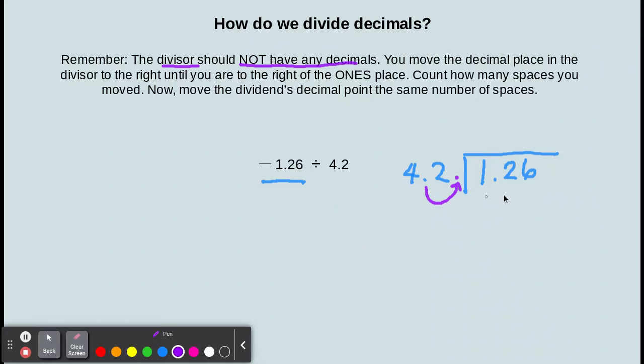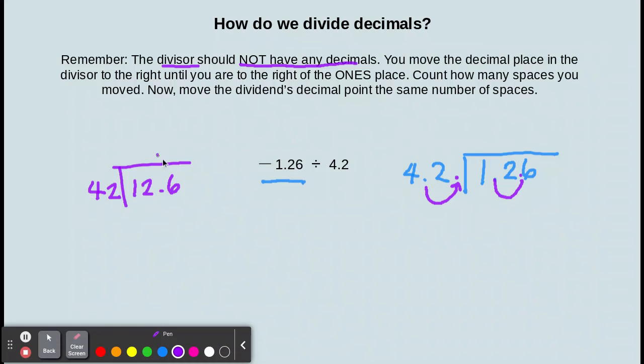If we move it one spot here, we also have to move it one here, in our dividend. Okay, so this then becomes 42 on the outside and 12.6 on the inside, right? We moved that there, move that there. If there were 2 decimal places on the outside, we would have to move 2 decimal places on the inside. You have to move the same amount.